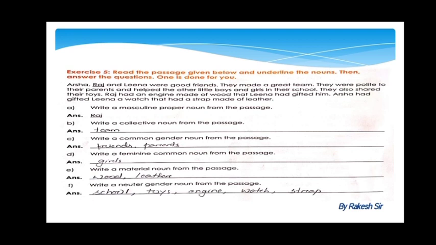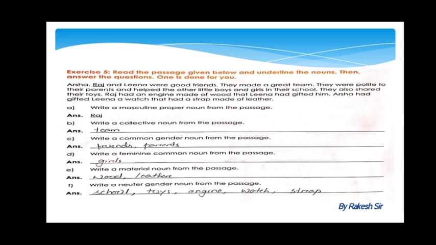Write a common gender noun from the passage. Common gender means maybe male, maybe female. So many are there, you can write whichever you like. As I wrote here, friends, parents, you can write either friends or parents.